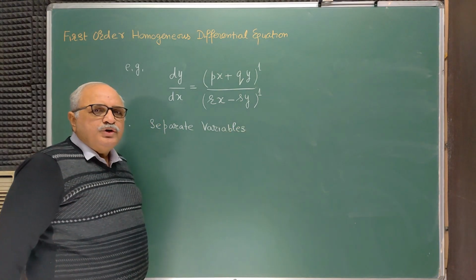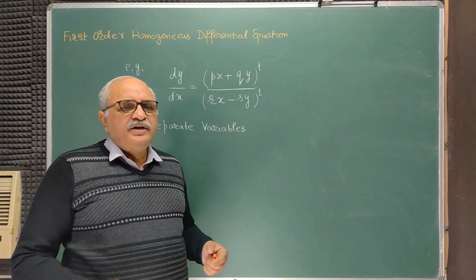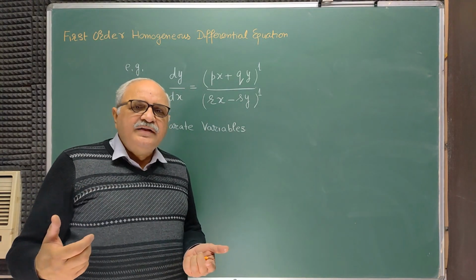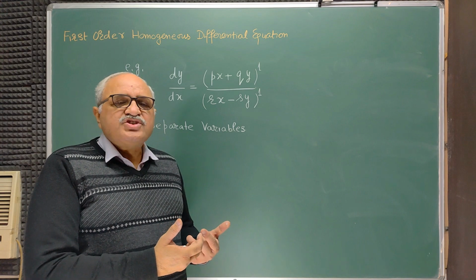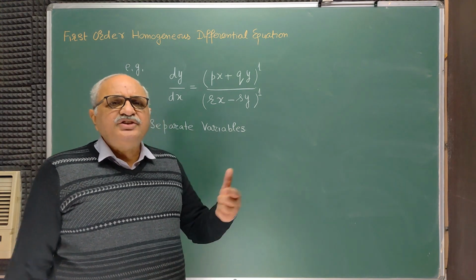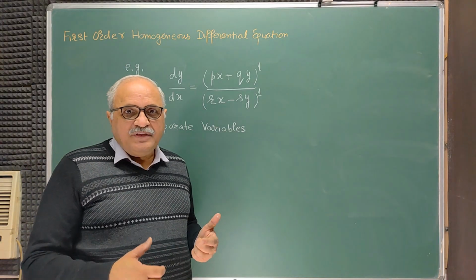That means you take all terms containing, say, the dependent variable y on one side and the terms which contain the independent variable on the other side. Sometimes it is easy to do it, but sometimes it may not be that easy.